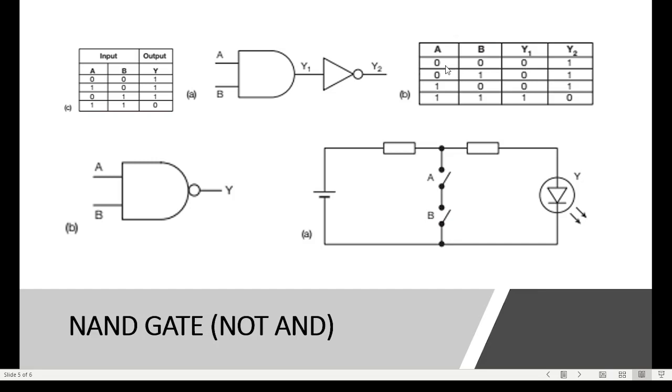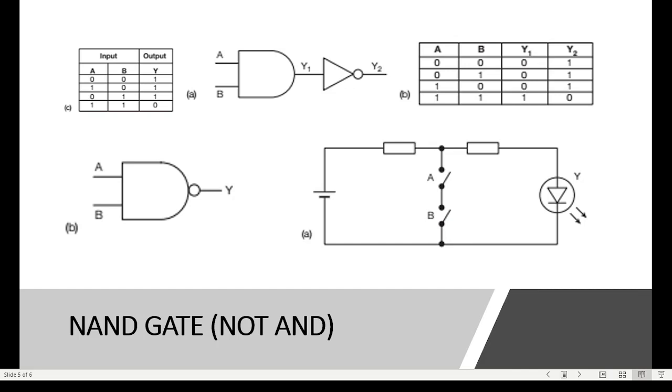Now here, this is how we would look at it. If I turn off switch A and turn off switch B, your output is going to be 0. If I turn on switch A and leave switch B off, I still have an output at 0.